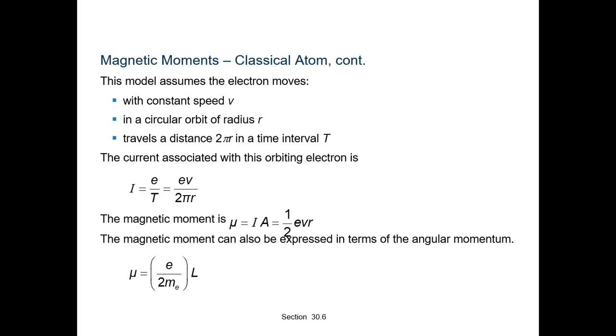This value is called the Bohr magneton, when L equals nh upon 2 pi and n equals 1.